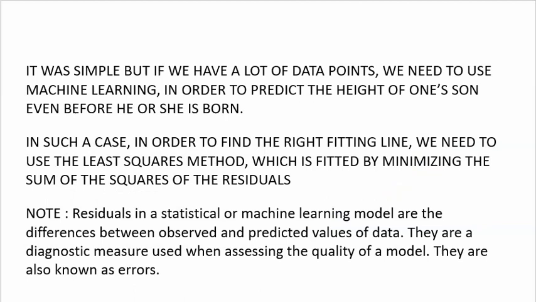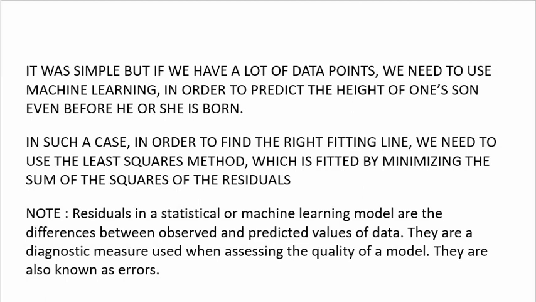Sum of the squares is very simple to understand, but what's a residual? In statistics and machine learning models, a residual is the difference between the observed and predicted values of the data, which gives them the title errors, which means that there is an error in the model, not any kind of Python errors that you get.